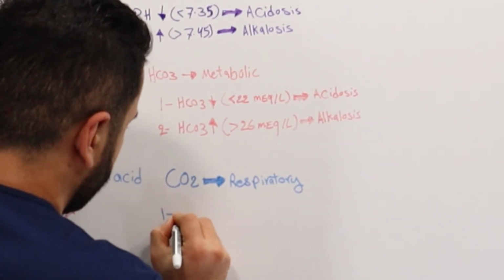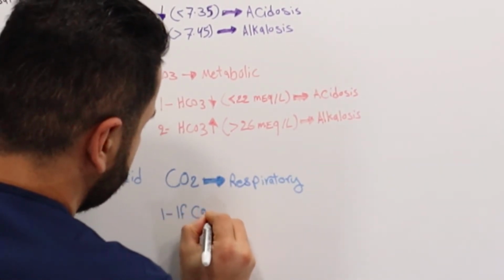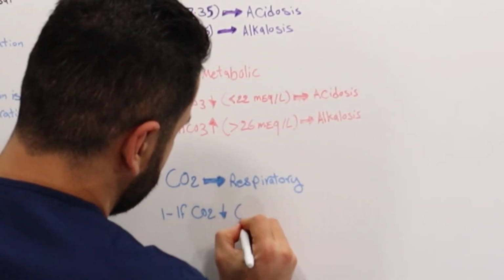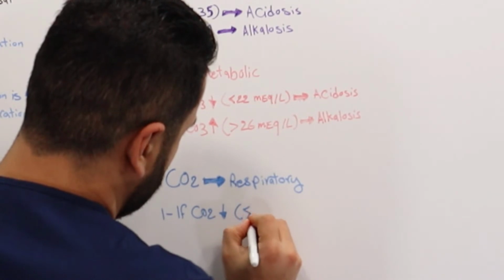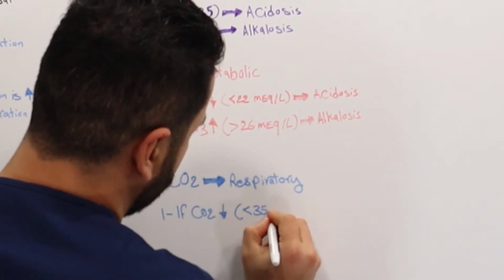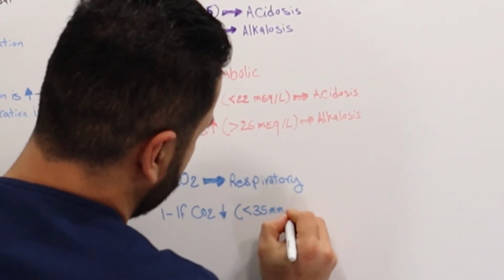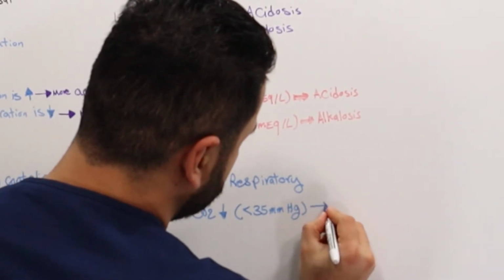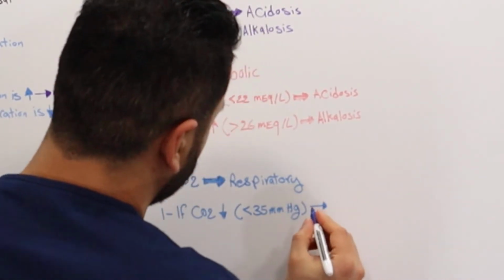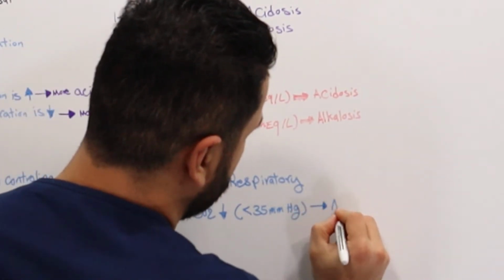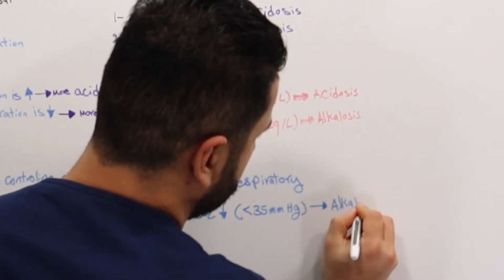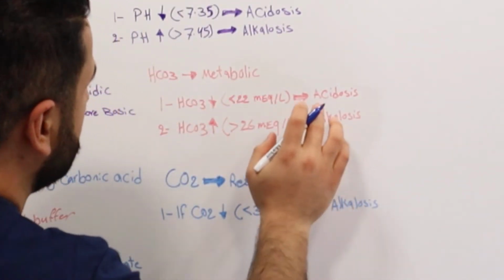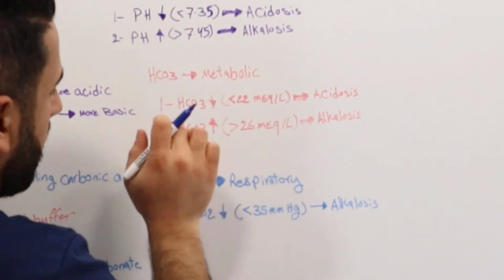So if CO2 is decreasing, which in this case is going to be less than 35 millimeters of mercury, this means that it's going to be alkalosis, which is exactly the opposite of pH and bicarbonate.